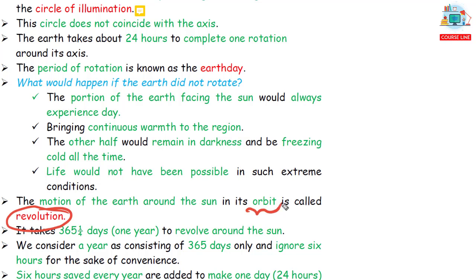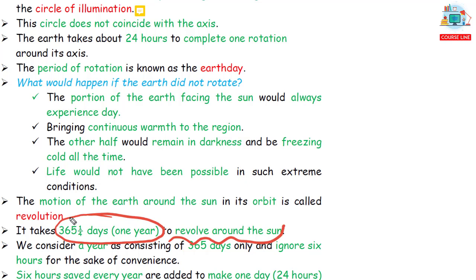Okay, ठीक है। Now the question arises, how much time does the earth take to revolve around the sun? So the answer is 365 and 1/4 days.